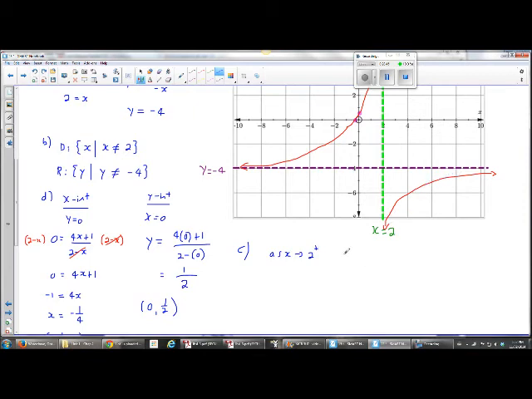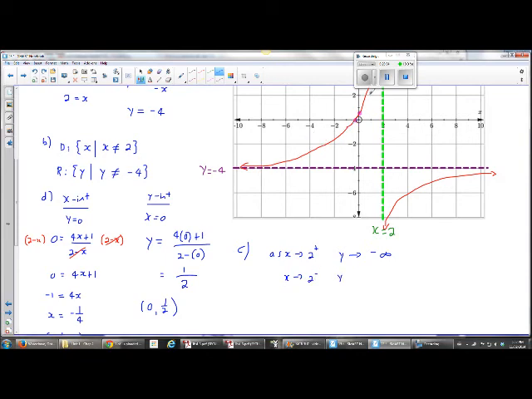As x now approaches 2 from the left, over here, x is approaching 2 from the left, we see that the graph is increasing. Therefore, the function y is increasing, approaching positive infinity. So that's for the vertical asymptote.